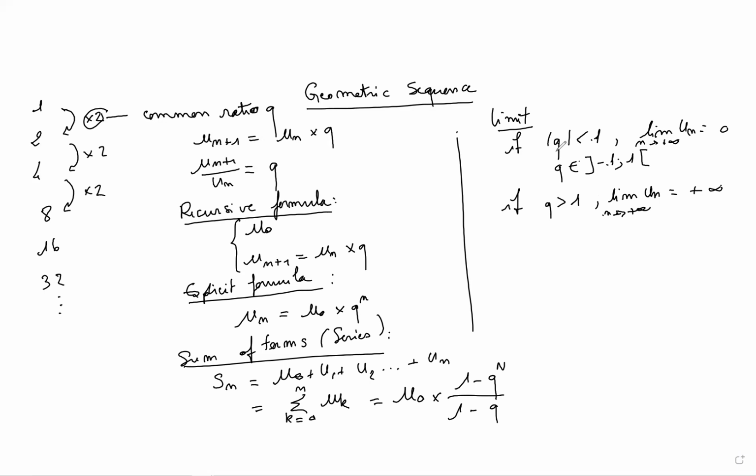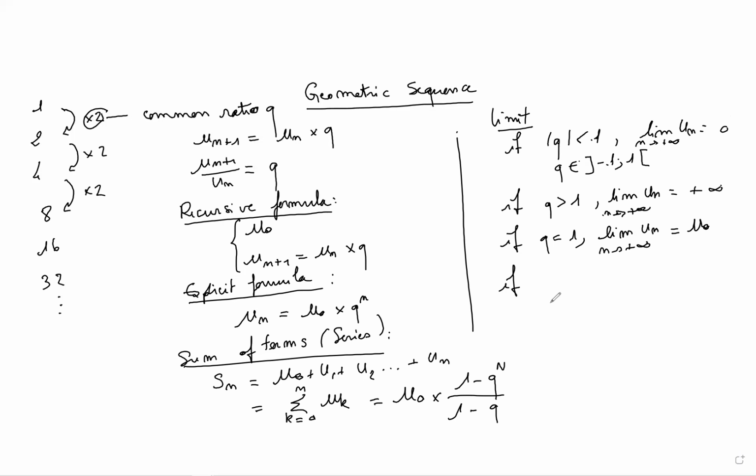There is something special here. If Q is equal to 1, then you are multiplying by 1 all the time. So your sequence is constant and it's always equal to U0, your first term. Then if Q is equal to 0, it's constant and equal to 0.